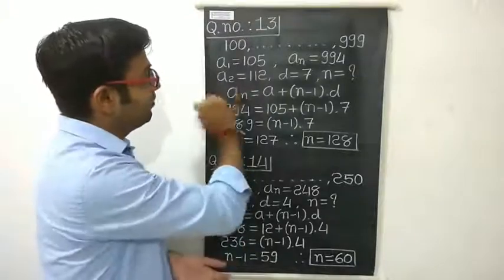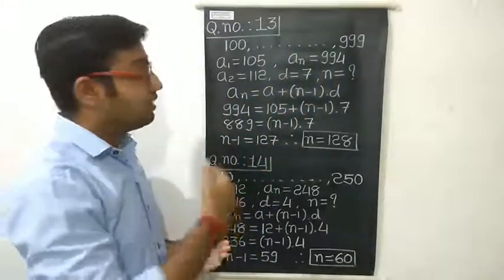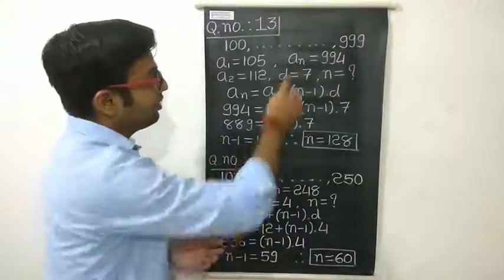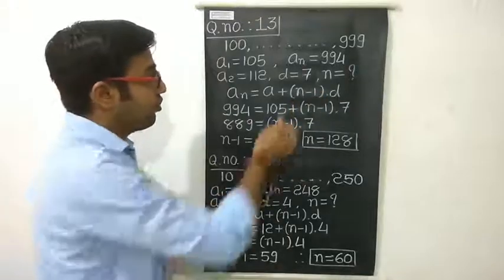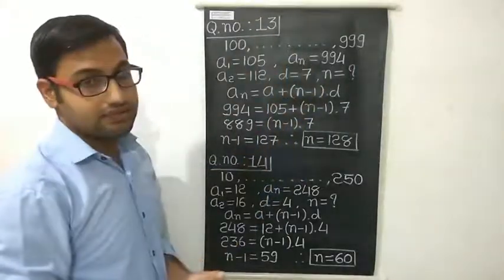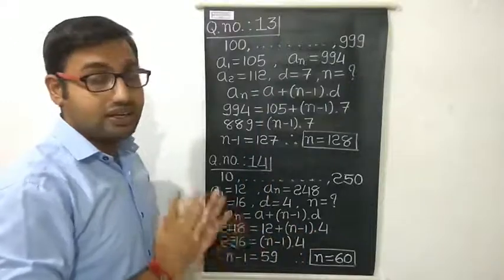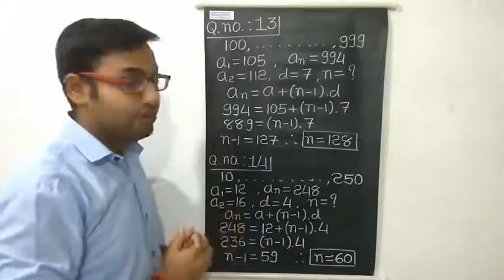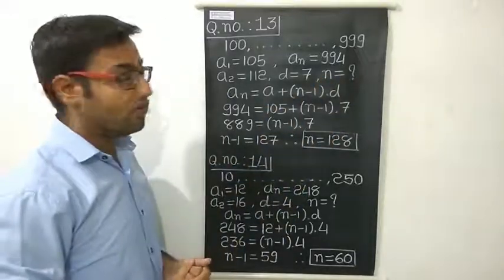Now we have the first term, common difference and last term value, but we have to find the number of that term. We have the value, but we don't know which term this is. Either it will be 15, 16, 17, 18, 19, that we don't know, and that we have to find out. That is why here n is what we have to find.